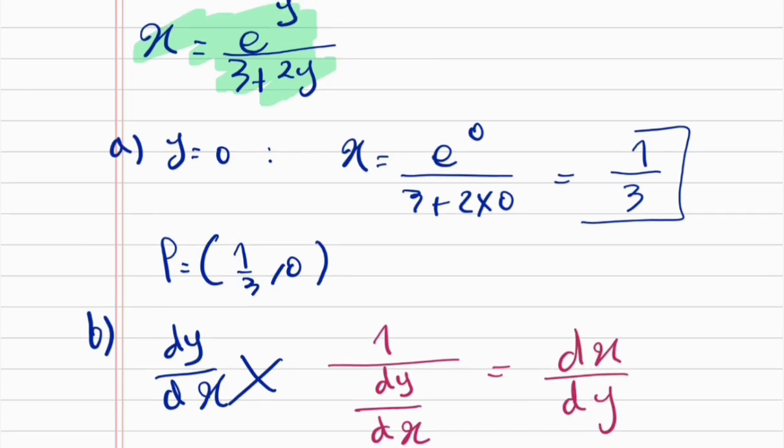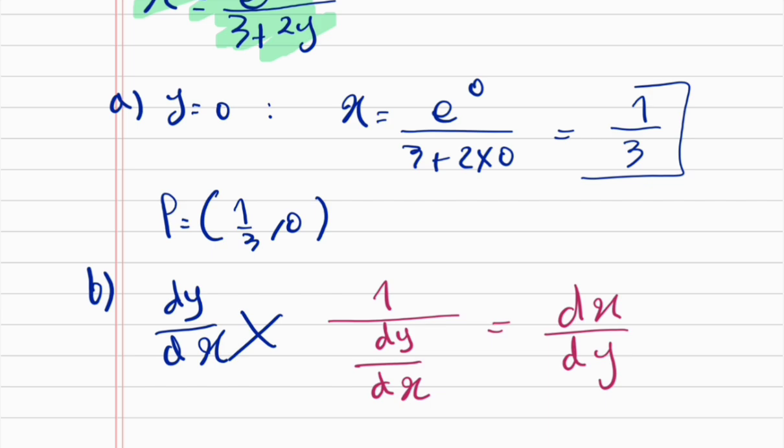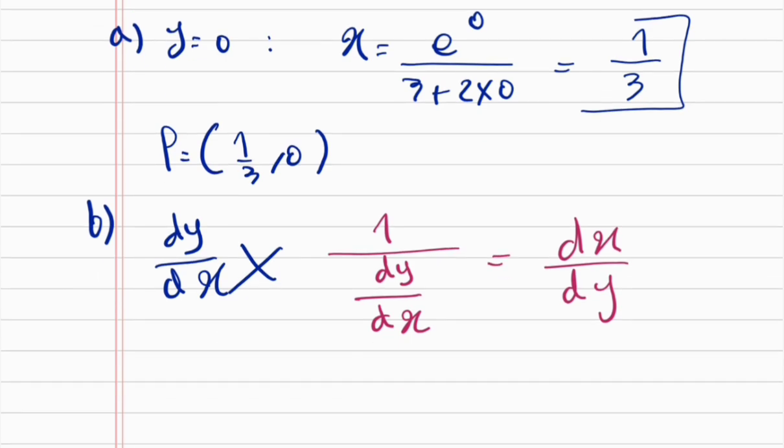Whenever we are given a function like this that is written in terms of y, we can find dx dy by differentiating with respect to y, and then if we find the reciprocal of dx dy, that is dy dx. That's how we can attack this problem. So now let's find dx dy, which here is easy.